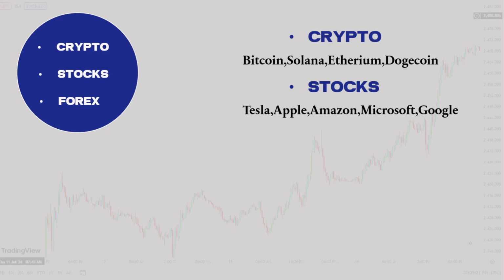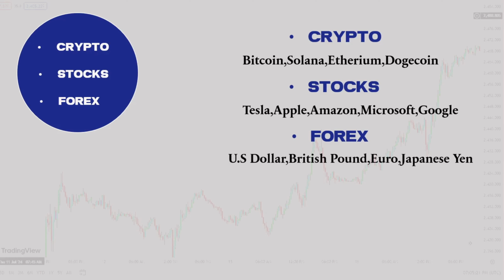You can trade Tesla, you can trade Apple, you can trade Amazon, Microsoft, Google. They are a lot. So you can choose to trade any of these stocks, right? When we come to Forex, we have the US dollar, we have the euro, we have the Japanese yen, we have the British pound, and many more. There are many Forex categories that you can trade.